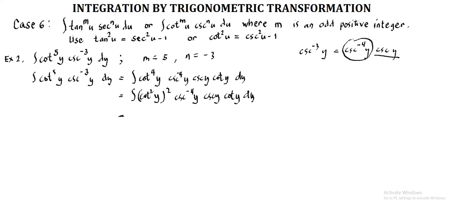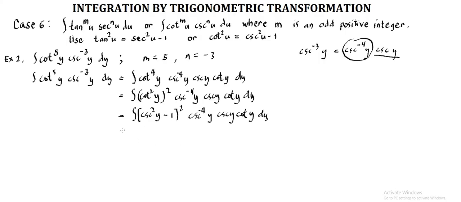So, gagamit na tayo ngayon ng transformation para sa cotangent squared: cosecant squared minus 1. Integral of cosecant squared of y minus 1 quantity squared, and then cosecant to the negative 4 of y, and then cosecant of y, cotangent of y, dy.